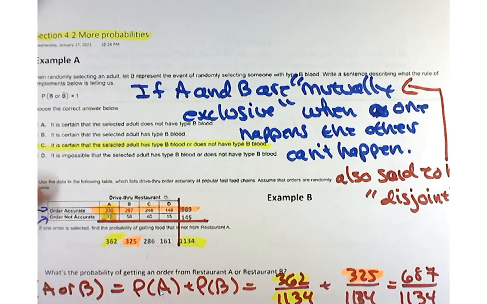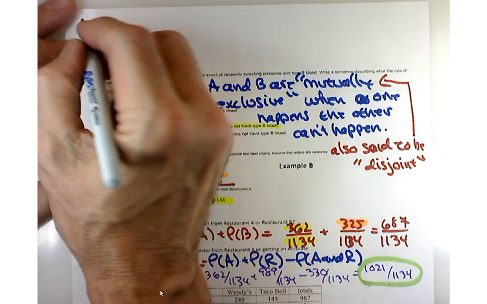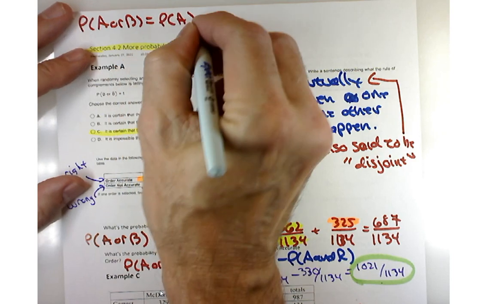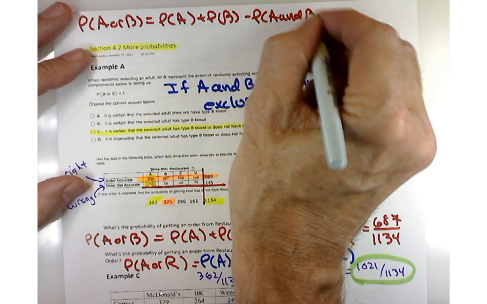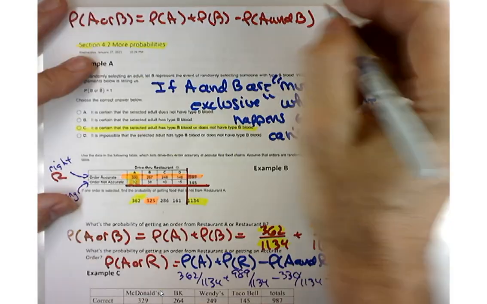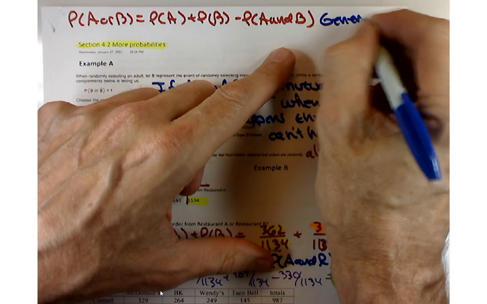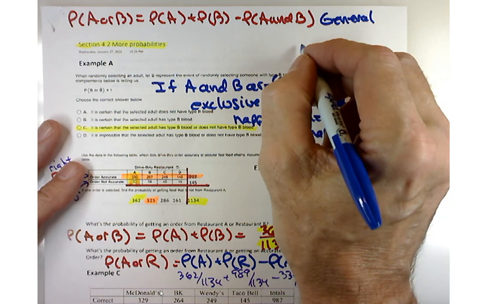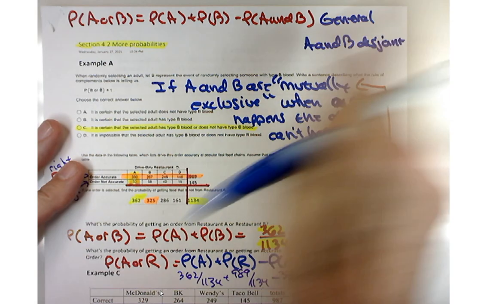So let's talk about what's called the general addition rule for probabilities. So probability of A or B is going to be the probability of A plus probability of B minus probability of their intersection. That's in general. If A and B are disjoint, what's this probability?